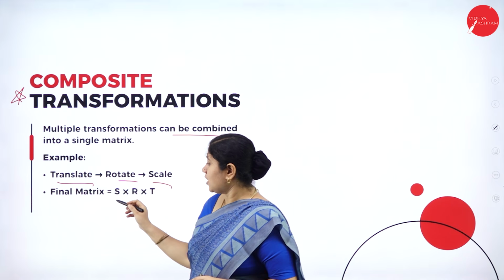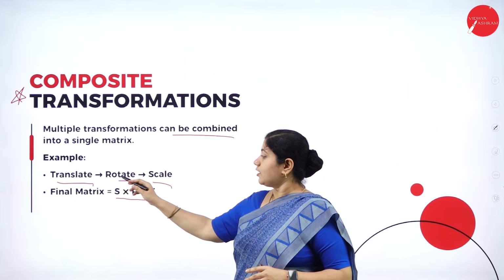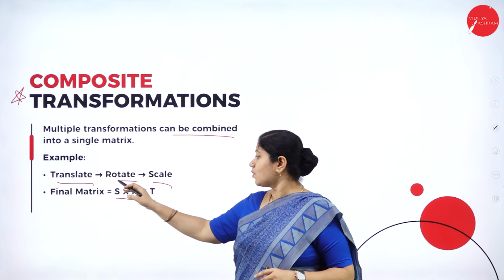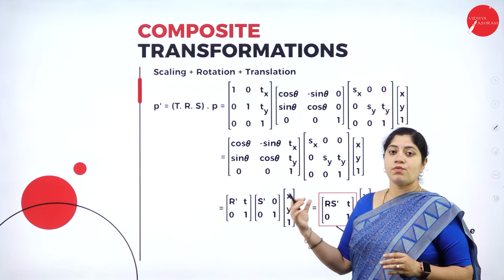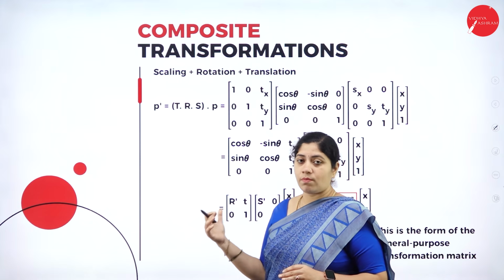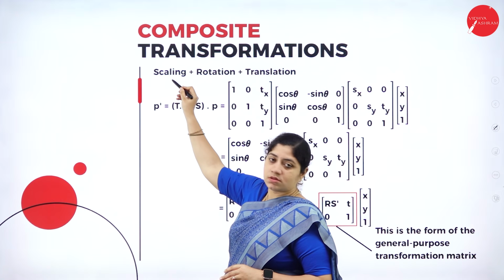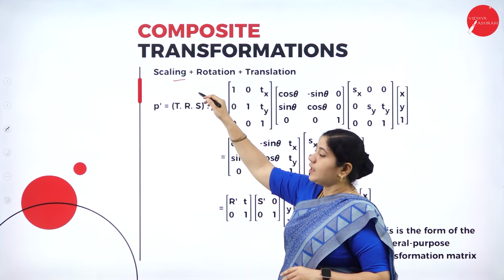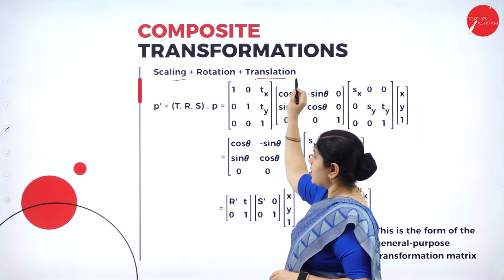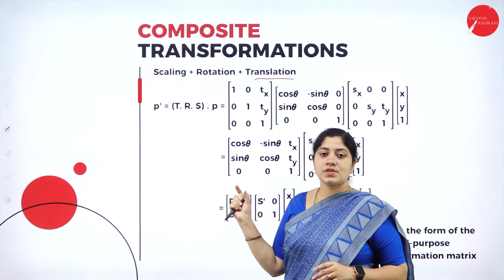Now let's see, the final matrix will form S into R into T, that is scaling into rotation into translation. Now, if we want it in matrix format, let's see how to consider it: scaling plus rotation plus translation. All put together, we form a single matrix.